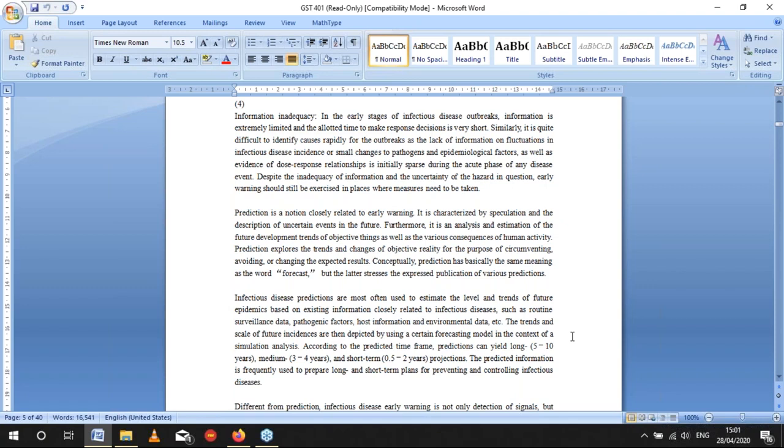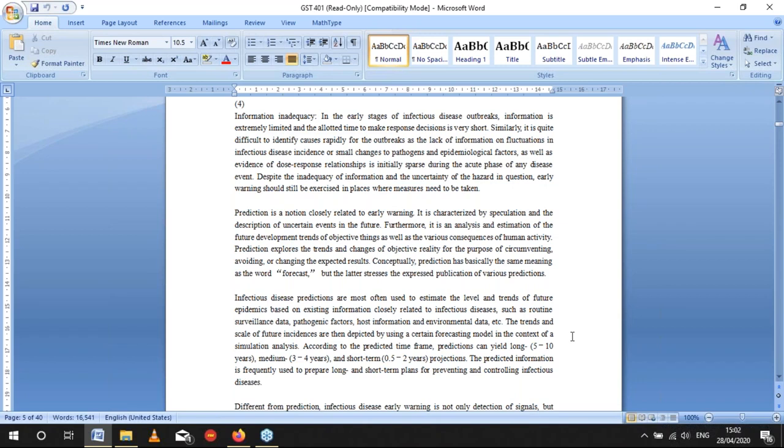Okay. Early warning results are used to guide timely responses to ongoing outbreaks or possible outbreaks, while prediction results are used to develop infectious disease control programs or plans.